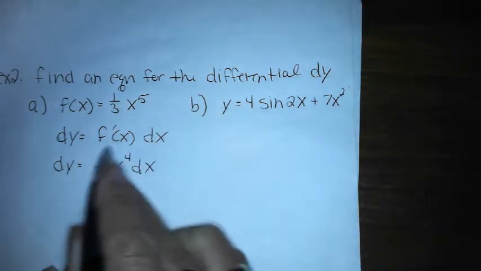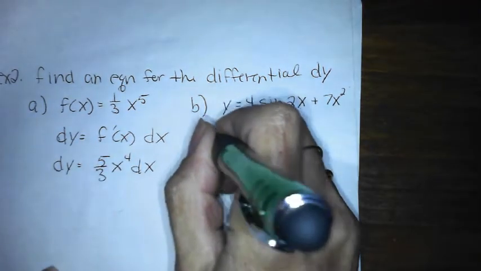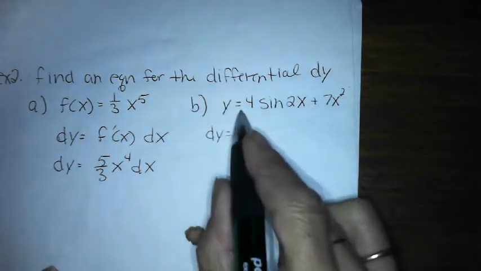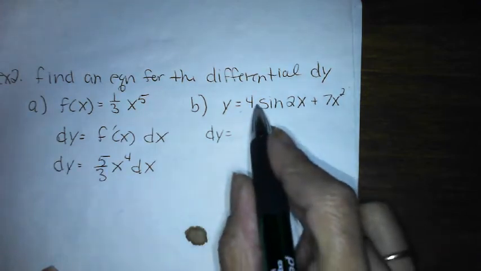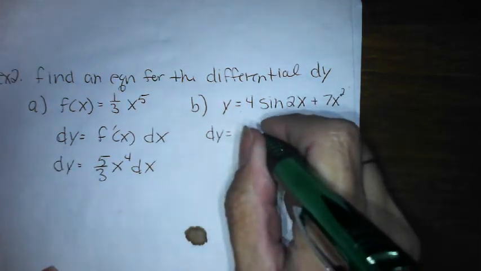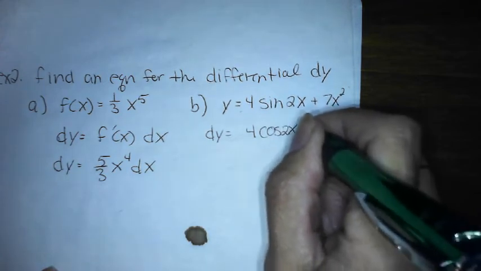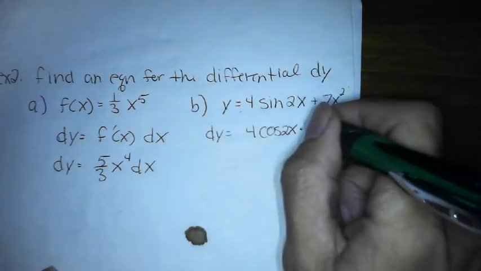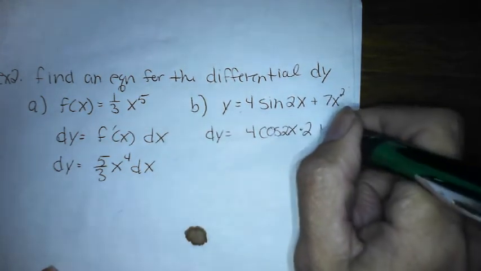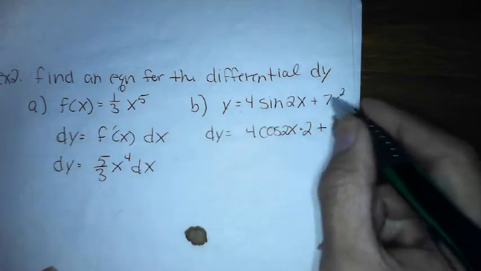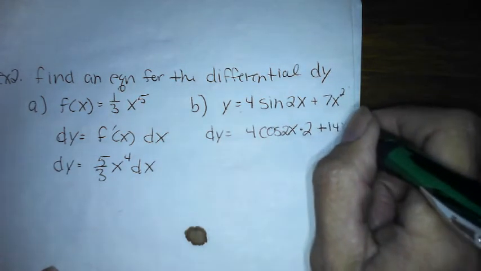We don't do anything different than we did here. Dy equals derivative of this, so that will be 4 cosine 2x times by the derivative of the angle plus derivative here is 14x.